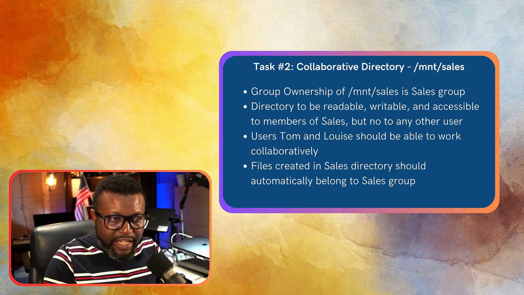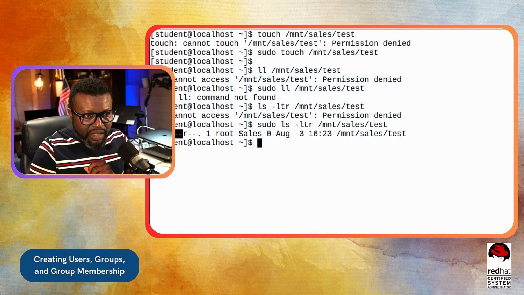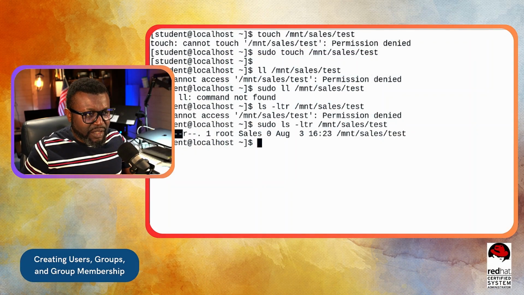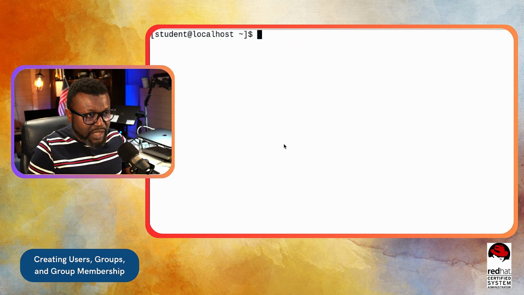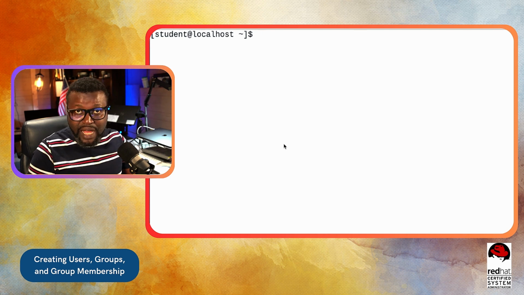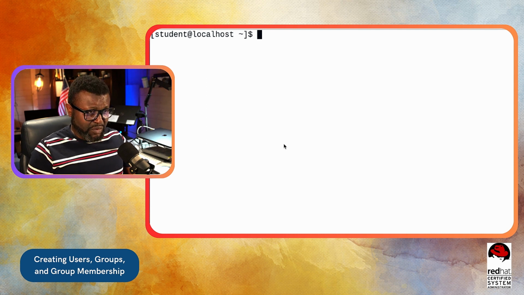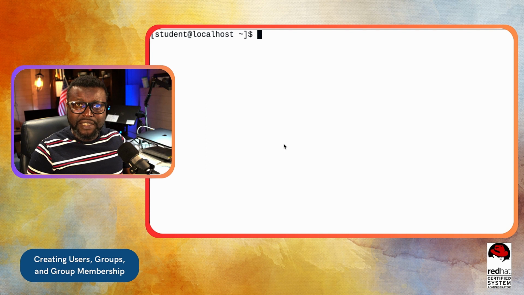Let me take you back to this here, and I'm gonna conclude with this task that may also come into an exam, which is to add a new user with a specific ID number, like a user ID. So let's say we want to create a new user by the name of kav.